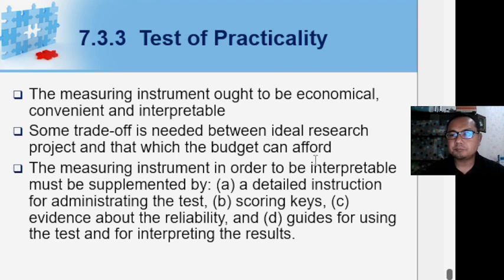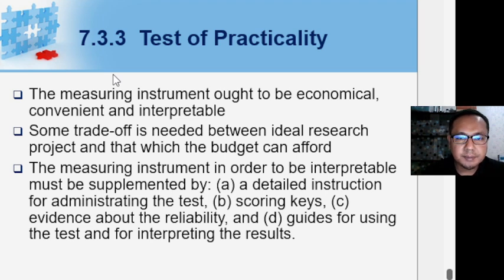That's why in any project paper or any research, we have to consider our plan, or develop our Gantt chart, to make sure that we achieve our objective according to economy, in terms of our budget and our financial capability. Convenient means the time given to finish the research is enough for us to collect the data, and then process, analyze, and interpret the data.